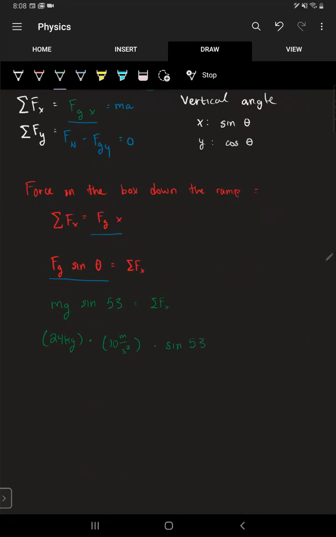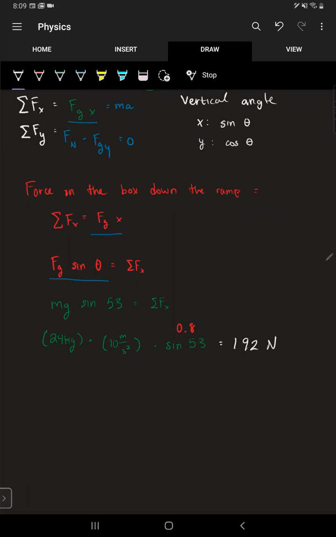And sine of 53 just happens to be 0.8. And that is equal to 240 times 0.8. Let me get out my phone so that I don't leave you hanging on that one. It is 192 newtons.